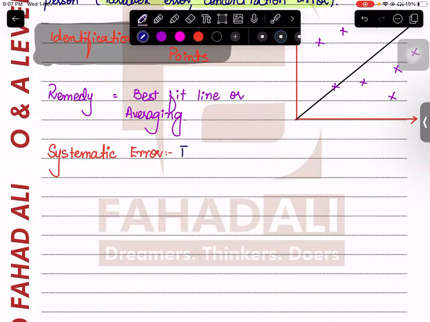The type of error which is due to the instrument. And not only instrument, there are other factors as well.